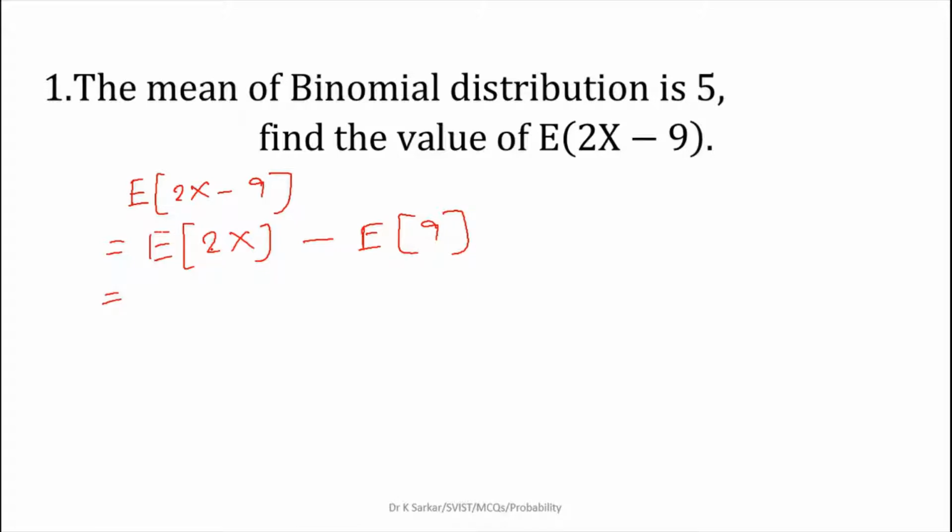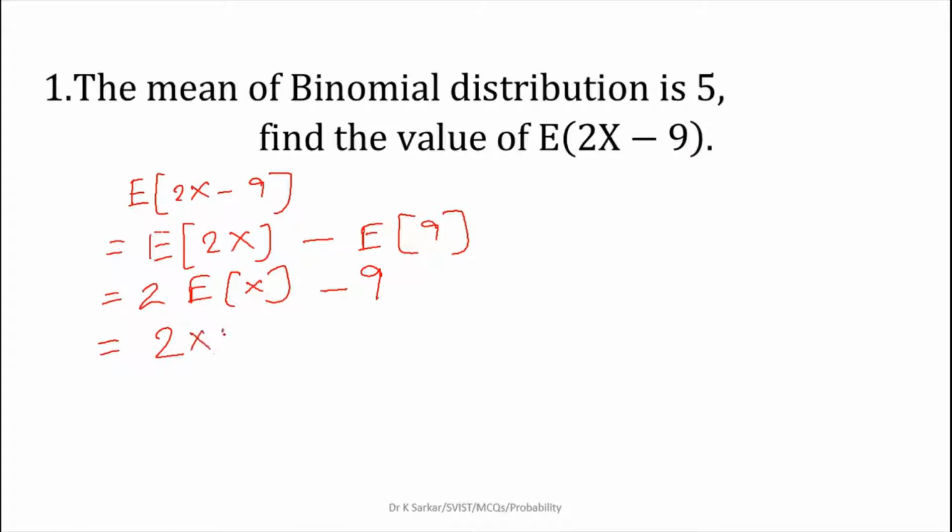The constant will come out of the expectation of a variable, and the expectation of a constant is the constant. Now expectation of x is the mean, which is given as 5.